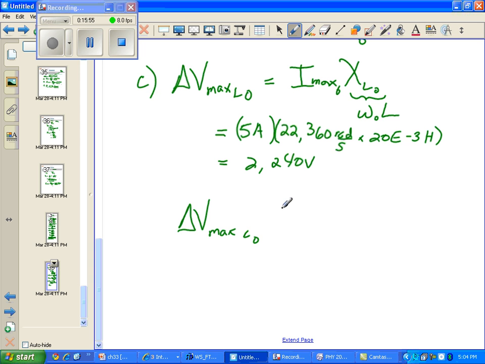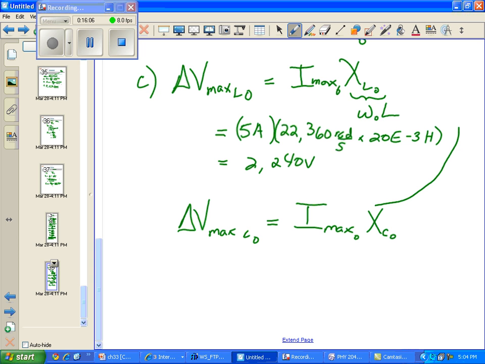But of course, delta V max sub L at resonance should be the same as delta V max sub C at resonance. Why? Well, using Ohm's law, I max at resonance times X_C at resonance. And don't forget that the condition for resonance is that X_L equals X_C.